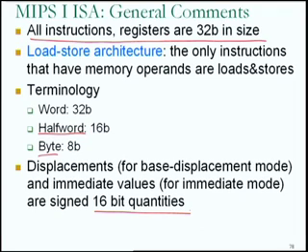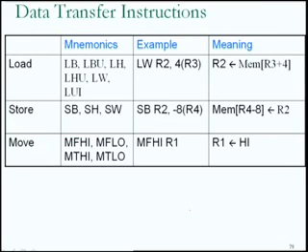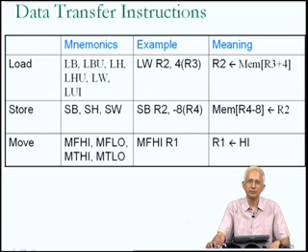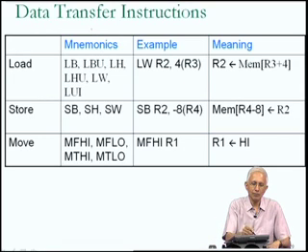Okay, now with these few general comments on the MIPS1 instruction set, we can actually go ahead and look at the MIPS1 instructions one by one. Now, I'm going to start by looking at the data transfer instructions. So, in the tables that I'm using to describe the instructions, I'm describing the whole category of data transfer instructions on this one slide. And you'll notice that I have one column which I've labeled mnemonic.